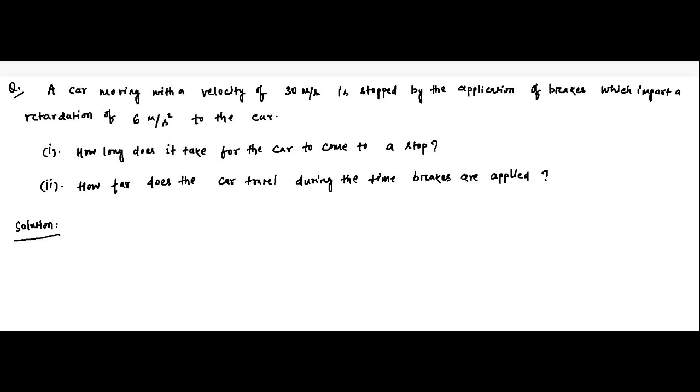Then it has been asked to find out how long it takes for the car to come to a stop, which is basically the time required for the car to come to rest, and how far the car travels during the time the brakes are applied. After that, from the moment the brakes were applied, how much distance it traveled further.